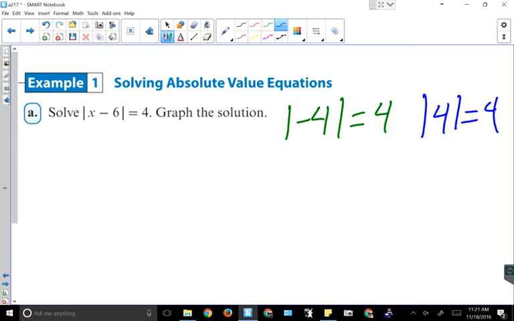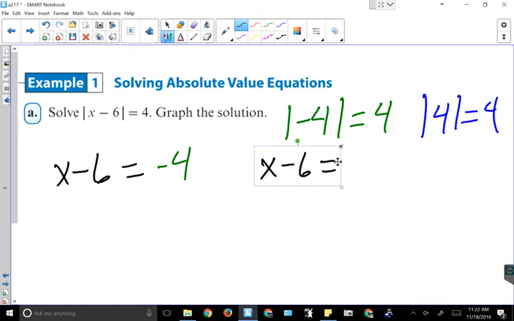Absolute value of negative 4 is 4. The absolute value of 4 is also 4. So that means that either x minus 6 is going to be equal to negative 4, or x minus 6 is equal to 4. Does that make sense to you?